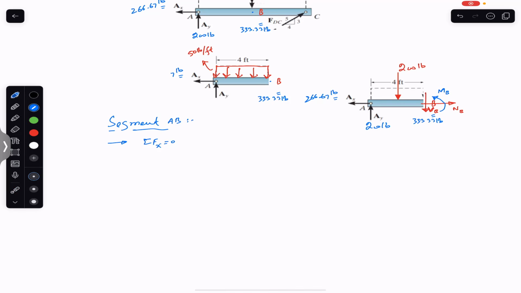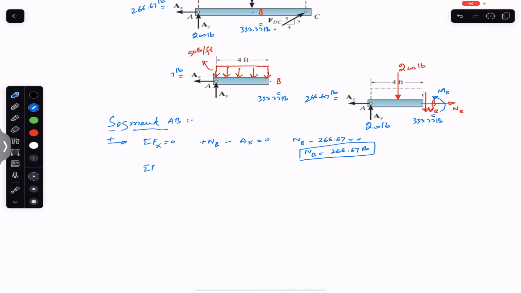So we have plus NB minus AX equals 0, and AX is 266.67, and NB is equal to 266.67 pounds. So this is the normal force at point B.